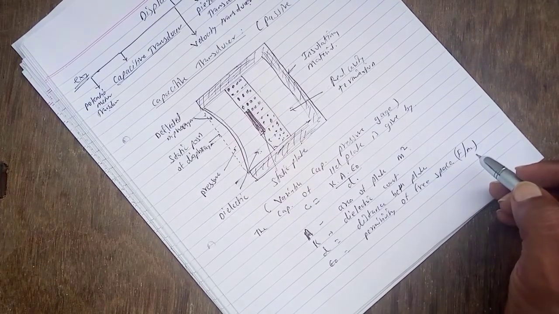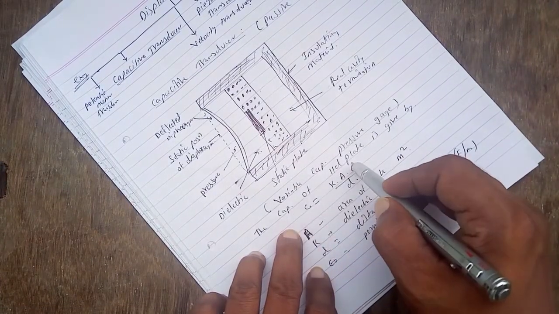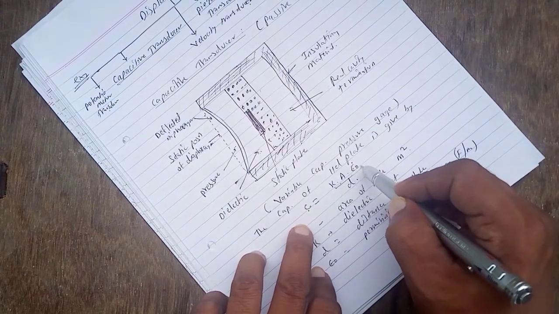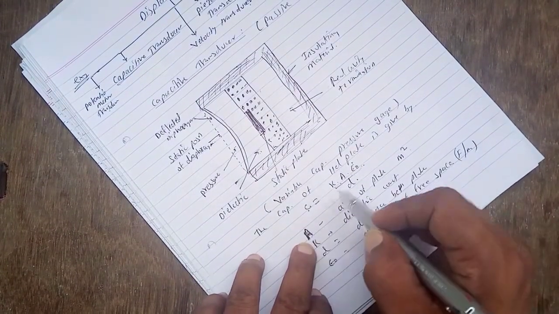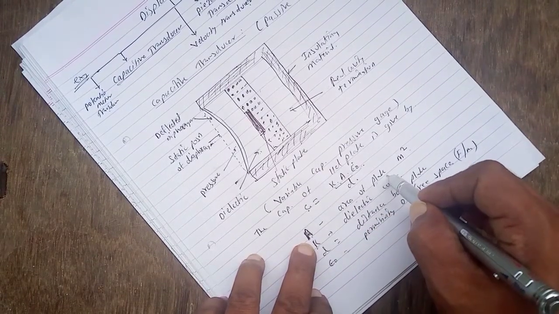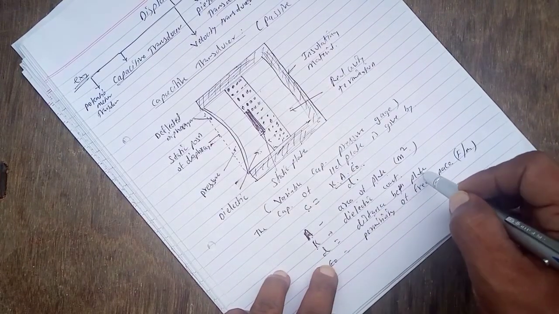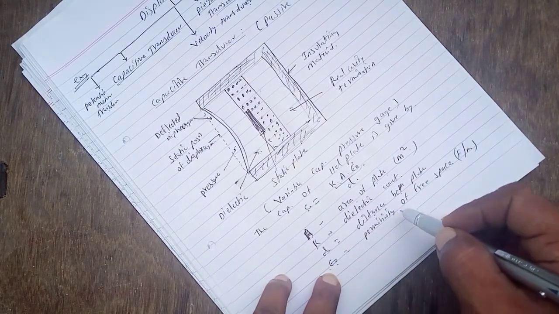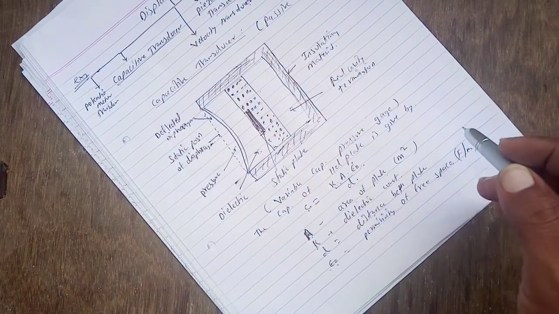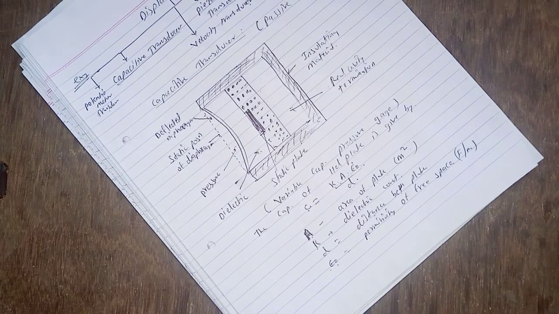Okay, students. So when the capacitance of the parallel plate is given, you have C is equal to K into A into epsilon 0 divided by d. K is the dielectric constant, A is the area of the plate which is calculated in meter square, and d is the distance between the plates. Epsilon 0 is the permittivity of free space, in farad per meter. Now in this particular formation you will get a different form.